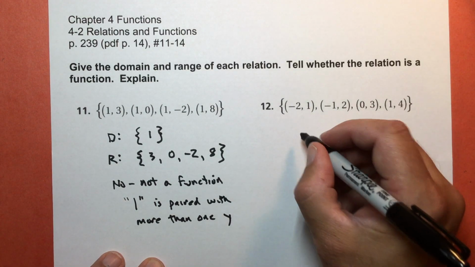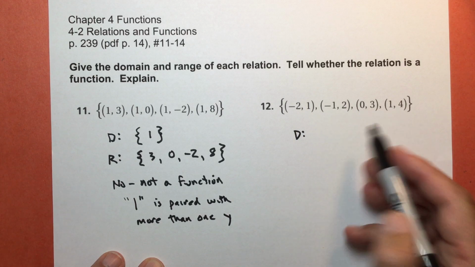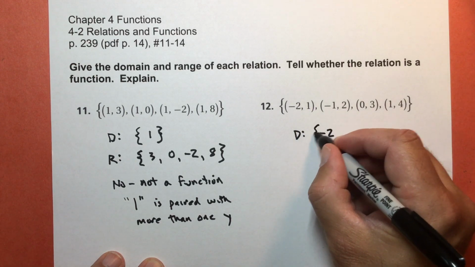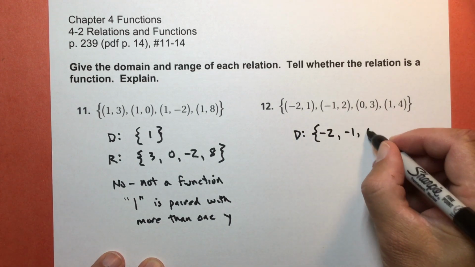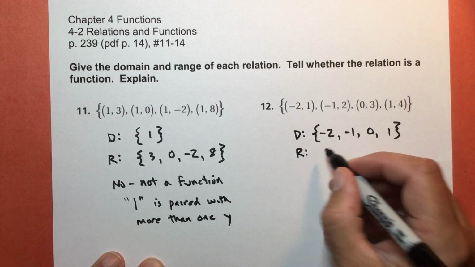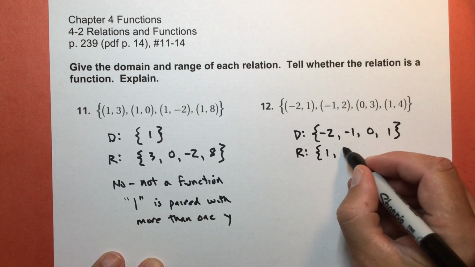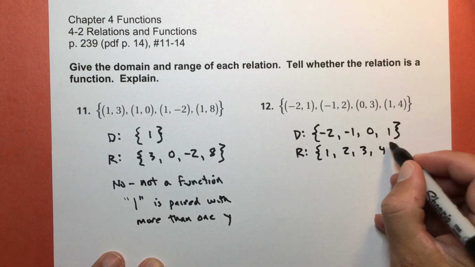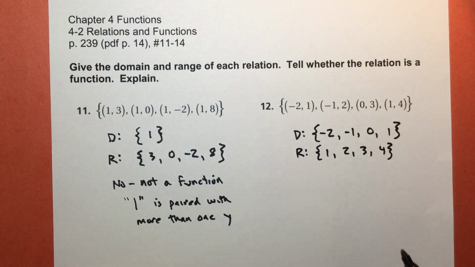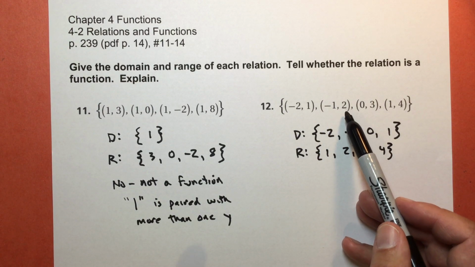Problem number 12. The domain: -2, -1, 0, 1. The range: 1, 2, 3, 4. If I was playing this as a game and I gave you the first number, if I said -1, you're going to say 2. Is there any other thing it could be?